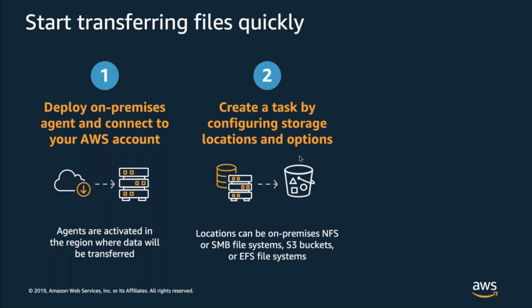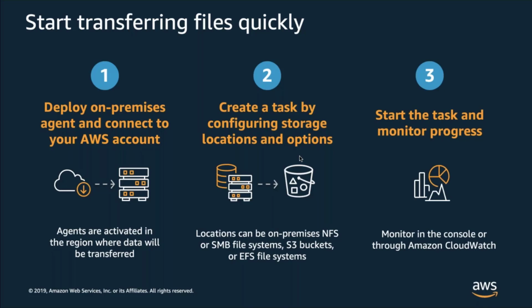We specified our options. And then third, we started our task, and you have the ability to monitor the progress of that task, either in the DataSync console itself through that task execution that I just showed you, or you can also do it through CloudWatch. And remember that a source and destination location can be an on-premises NFS or SMB file system, it could be an S3 bucket, or it could be an EFS file system.